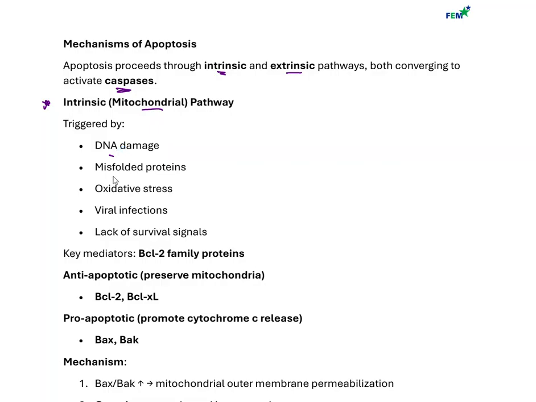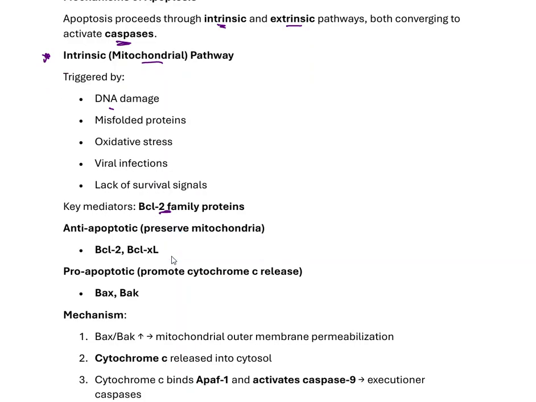And when you look at the intrinsic pathway, the key mediators there are what we refer to as BCL2 family proteins. And these family proteins are divided into two. We have some of them that are anti-apoptotic, in other words, they inhibit apoptosis.